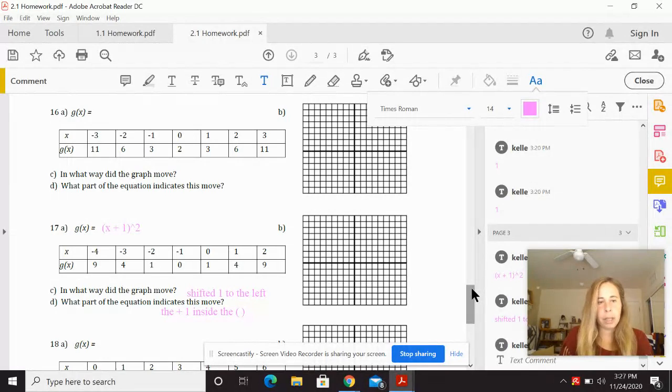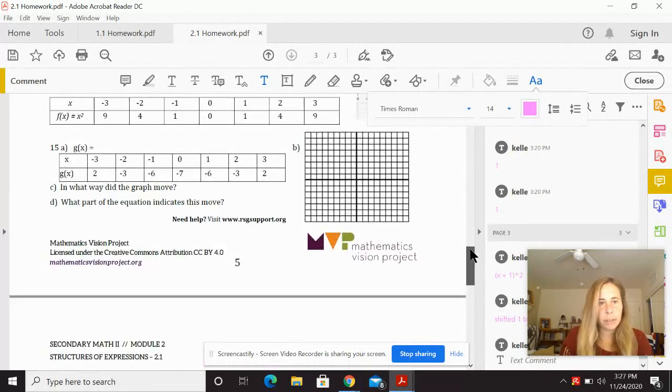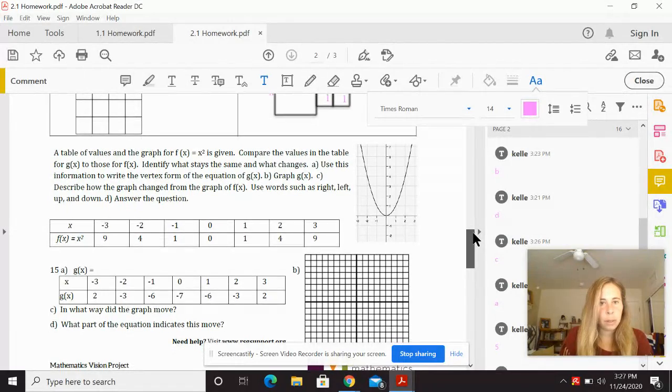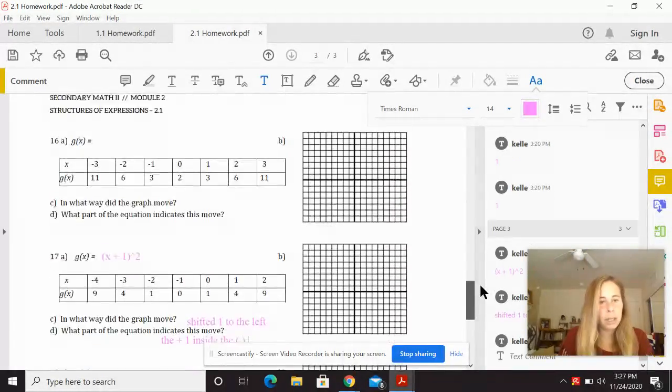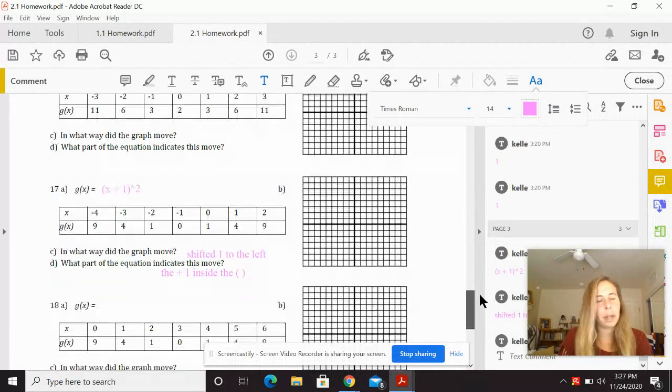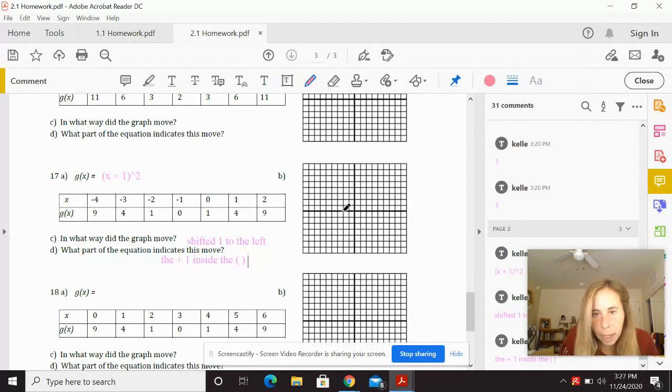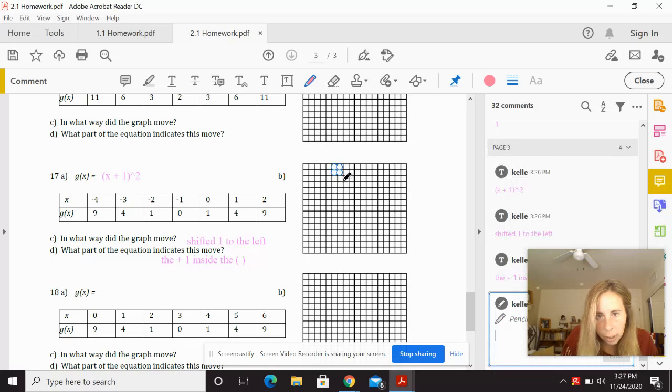Okay. And then, are you supposed to graph it? Does it say you have to? Yeah, we're supposed to graph it. Ugh. Okay, well, I trust you guys know how to graph, so I'm not going to graph it. But just from looking at the table, the other one started at -3. I'll just do that real quick. It started at -3, 9. 1, 2, 3, 4, 5, 6, 7, 8, 9. -3, 9.